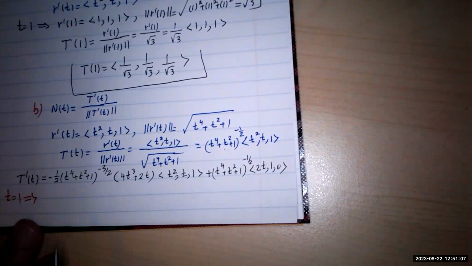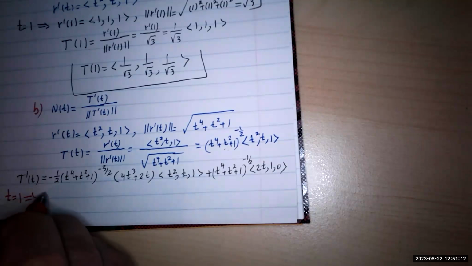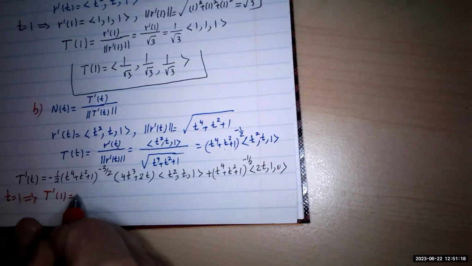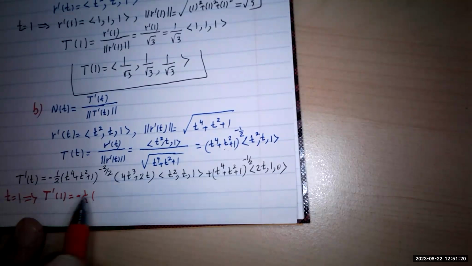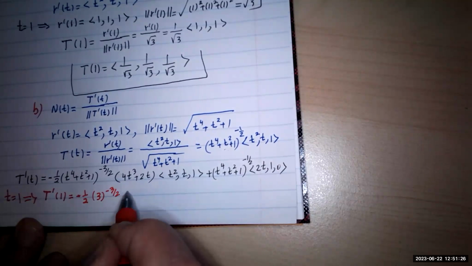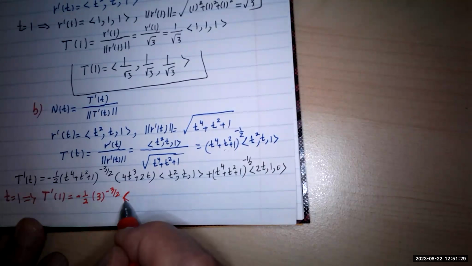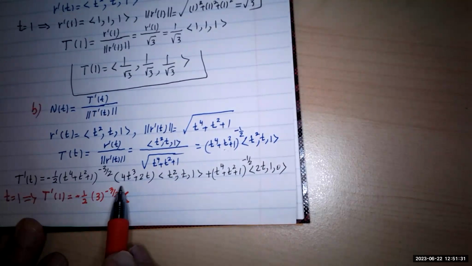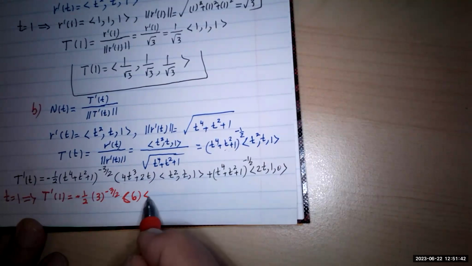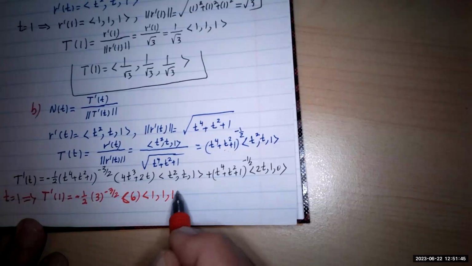So replace t by 1. It can be easily seen what the result is going to be, but be careful, then you have to simplify. T prime of 1 equals, put 1, that gives you negative 1/2 times (1 plus 1 plus 1), which is 3 to the negative 3/2, times, if you put the 1 here carefully, that gives you 4 and 2, which is 6. Times 6, then times the vector 1, 1, 1.